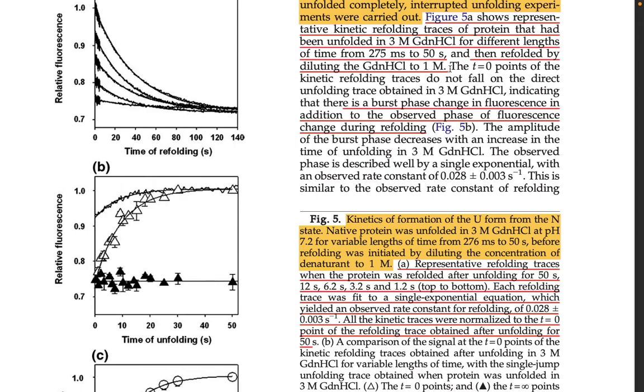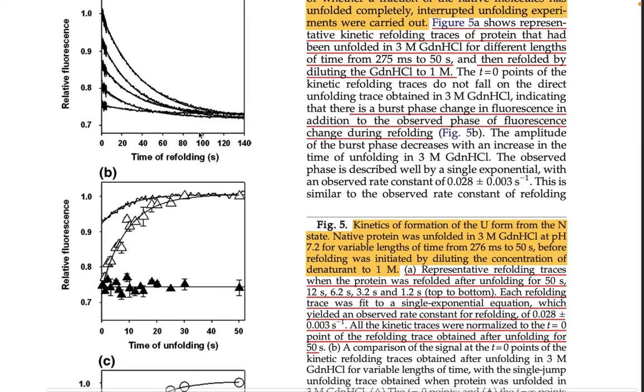So, what is happening here? What is the 5b thing? So, this is, from top to bottom, first unfolded for 50 seconds, unfolded for 12 seconds, unfolded for 6.2 seconds, unfolded for 3.2 seconds, and then 1.2 seconds, and after that it went for refolding by reducing the denaturant concentration.